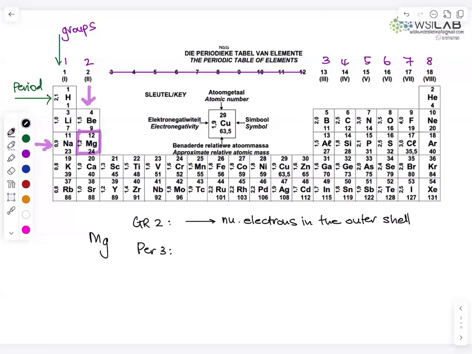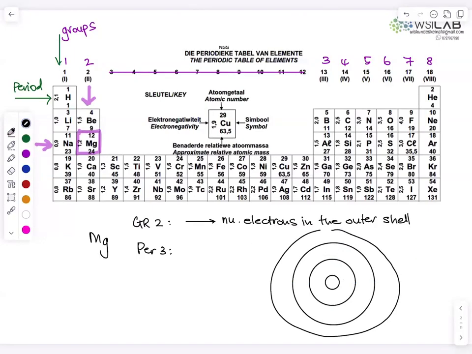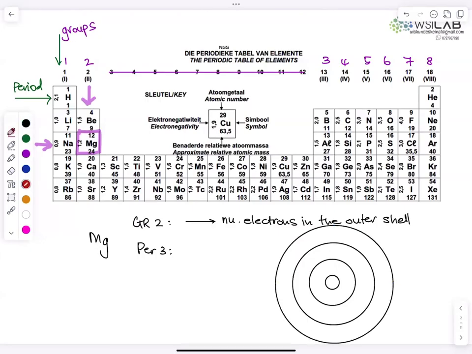So electrons are like planets moving around the sun. So if this is the sun, then there are orbits around the sun. This we all know. There's the first orbit, there's the second orbit, and then there's the third orbit. So we have the sun there, and then we have certain planets.